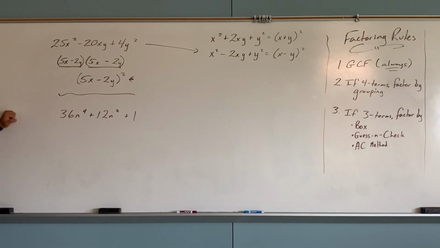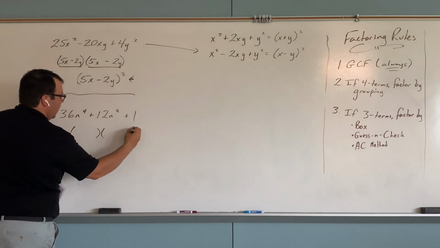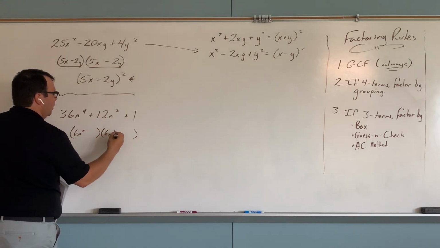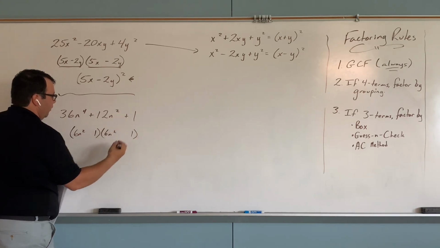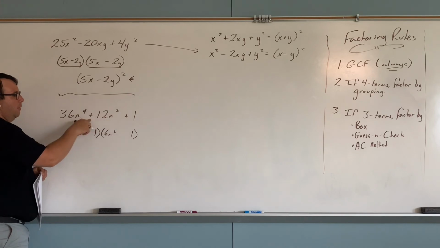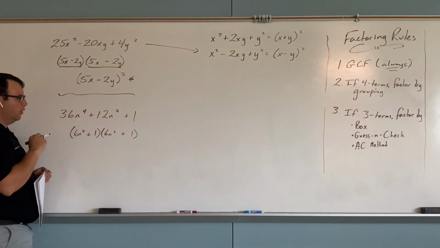Looks like I have a perfect square on the front and back ends here. So I'm just curious, what would happen if I, I don't know, split that up? And I said 6n squared, 6n squared. 1 is always nice, 1 times 1. Signs will be the same, and they're both going to be positive. Does that work?